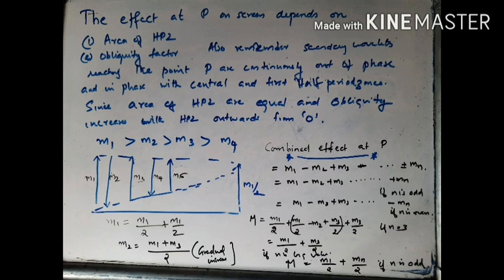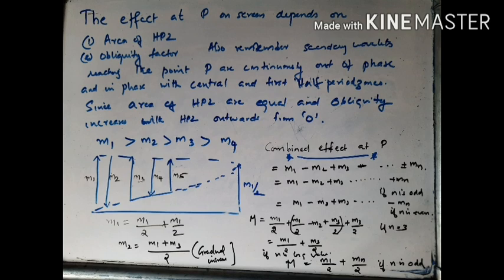Also, the wavelets from the first half period zone will be out of phase with the wavelets of the second half period zone when they reach the point P on the screen.